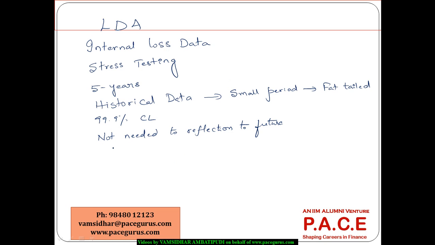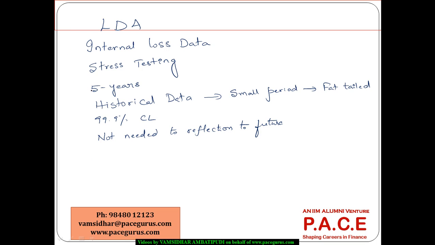But there is always the other side, because it's always argued that the business changes, the products change, the controls change. So whatever the risks or losses that have occurred in the past, we might very well have learned from all those losses and mistakes. So there is a very rare chance that we are going to do them again and again, right? So this is one small disadvantage of the loss distribution approach.